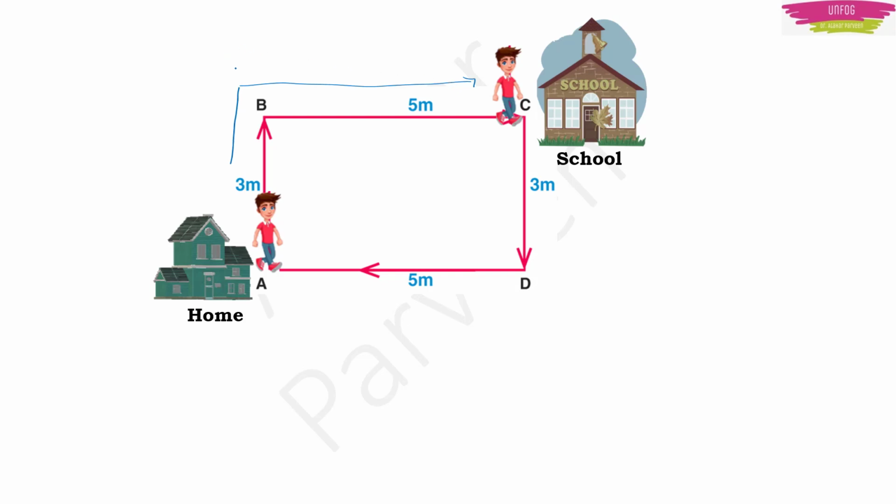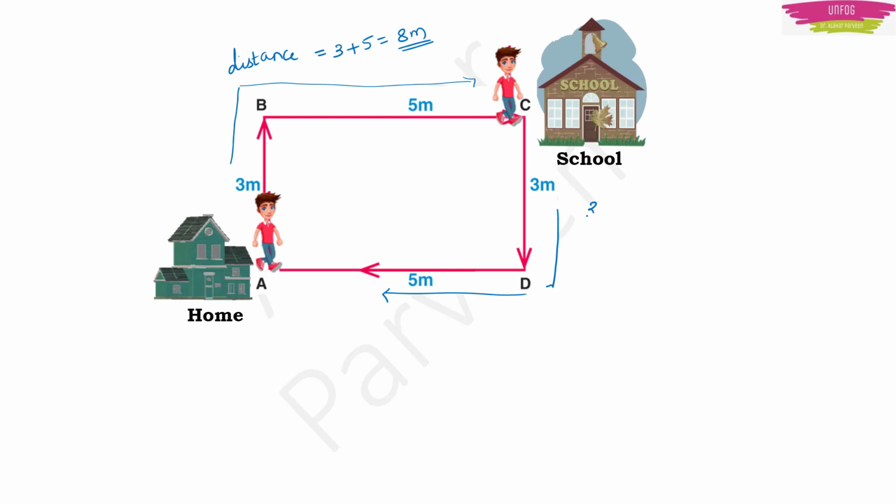Maybe he is going the same way. Then what is the distance traveled by that boy now? Till he goes to school, the distance traveled by that boy is 3 meter plus 5 meter. Means he covered a distance of 8 meters to reach his school. Now maybe he came back like this, from C to D and then from D to A. He came back to his home. Now what is the distance he traveled while coming back from school to home?